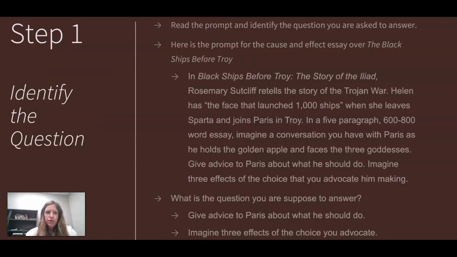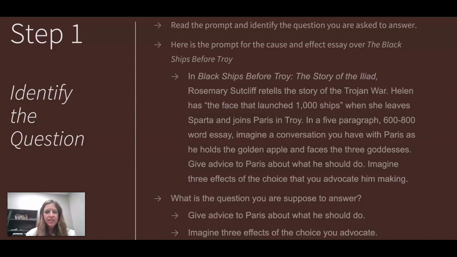So step one, we are going to brainstorm, but before we even do that, we need to read the prompt. So I've put in here our prompt for our cause and effect essay over The Black Ships Before Troy. And our prompt reads, in The Black Ships Before Troy, the story of the Iliad, Rosemary Sutcliff retells the story of the Trojan War.